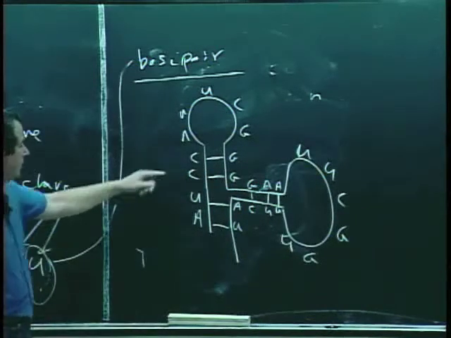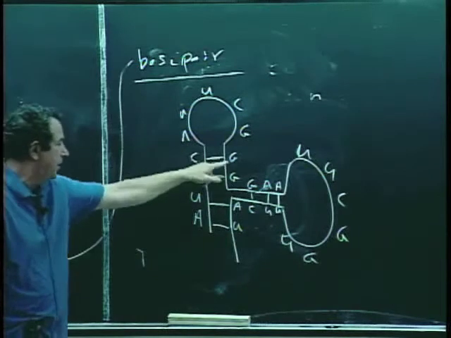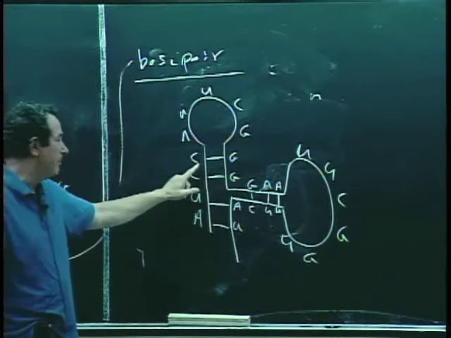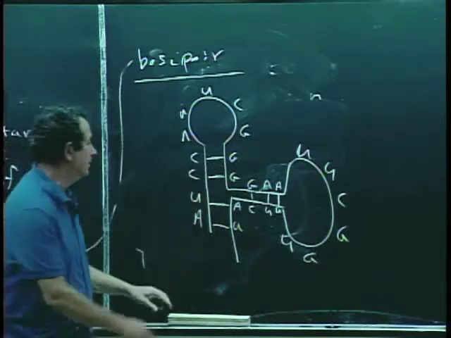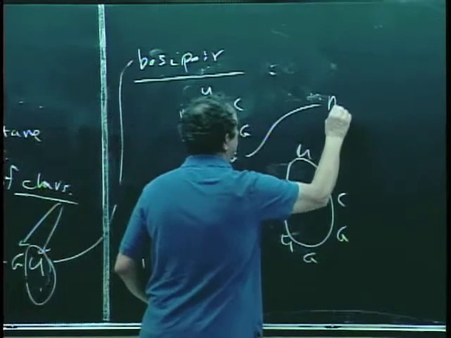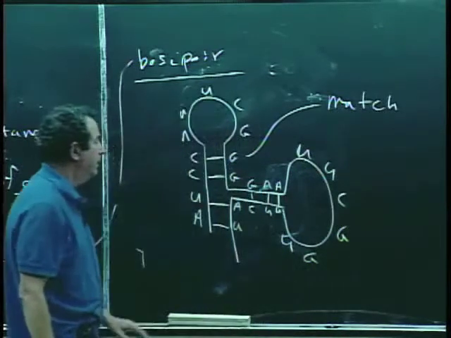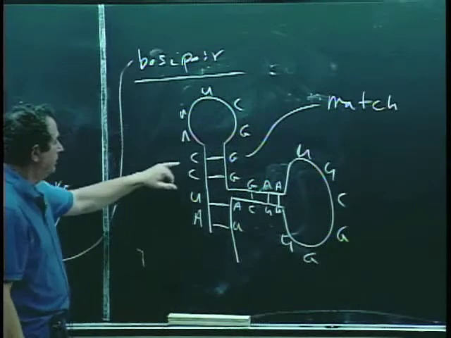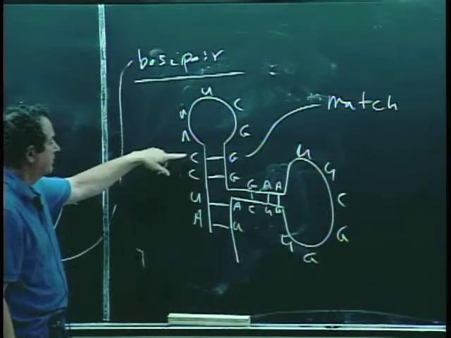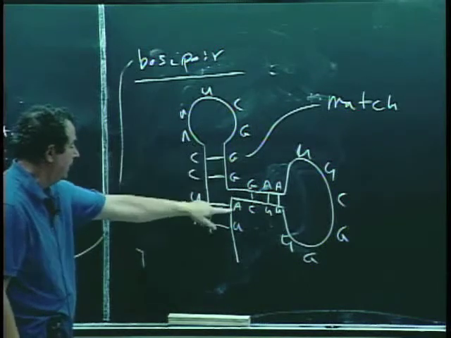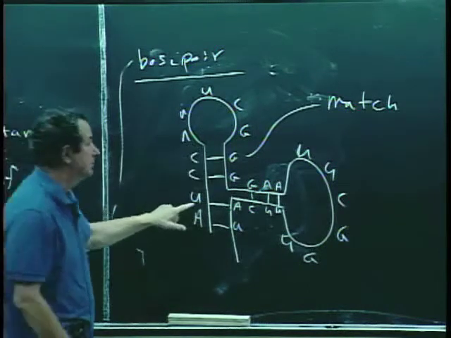And these pairs, not a base pair, this is a matched pair. This is a match, okay? So this is a match. And if you notice, whenever there's a match, it's always a C matching a G or an A matching a U. Okay?